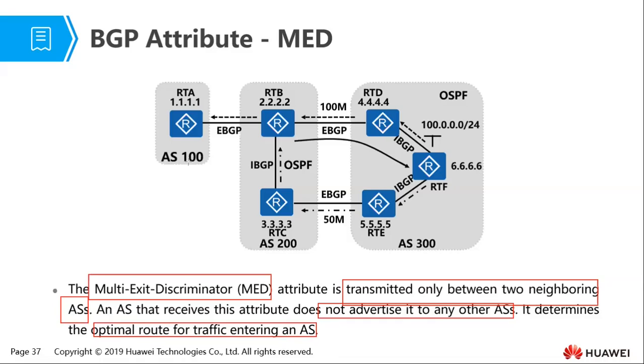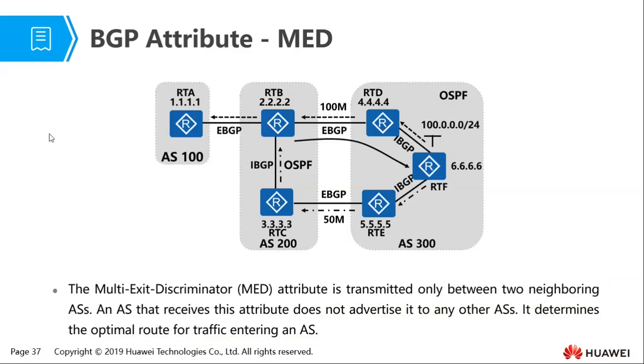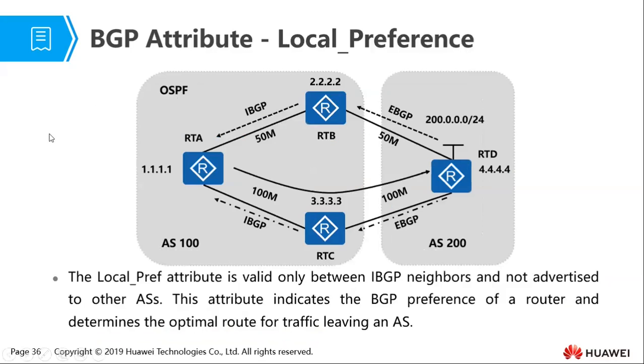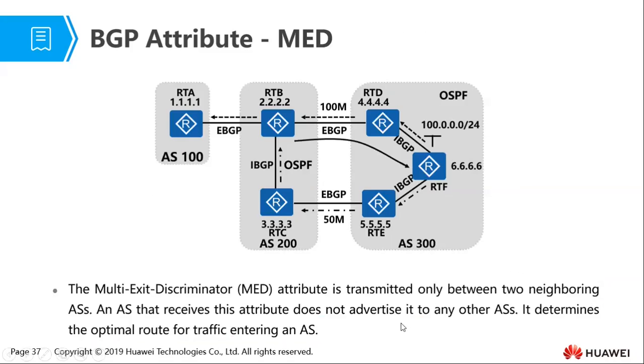Normally, I see the MED as almost the exact opposite of the local preference. While the local preference determines the optimal route for traffic leaving an autonomous system, the MED determines the optimal route for traffic entering an autonomous system.